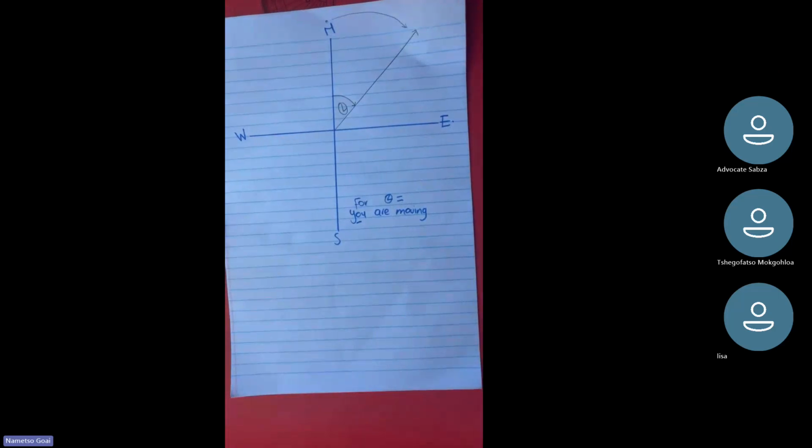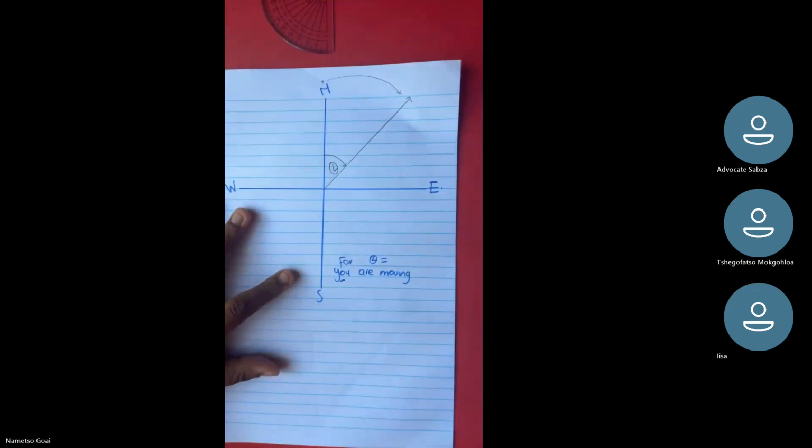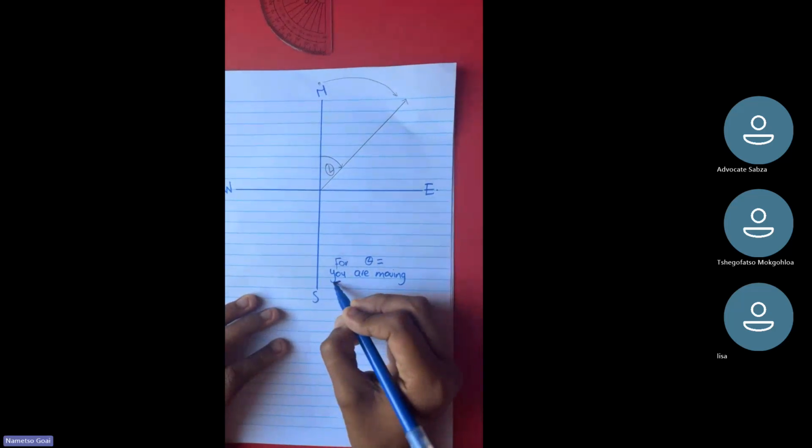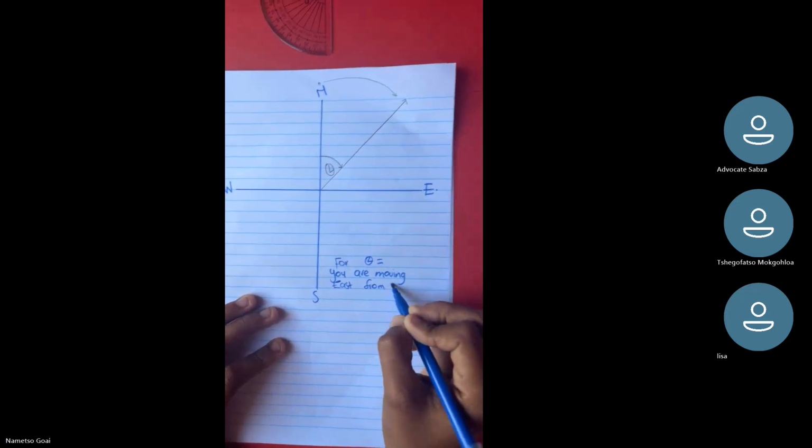You're going to the east from the north. We're going to call it east of north. That's the direction in which you're moving. So theta is placed in a position whereby you're moving east from the north. Do you understand that? Like you're moving east from where? From the north.